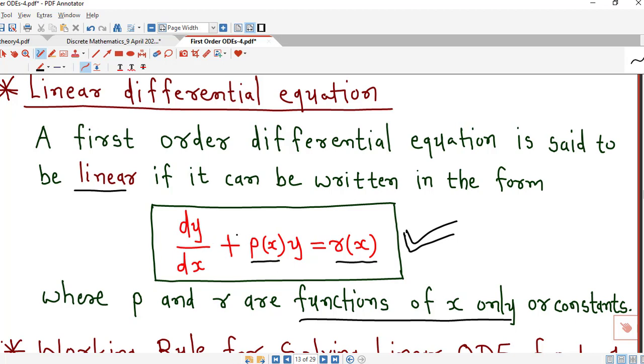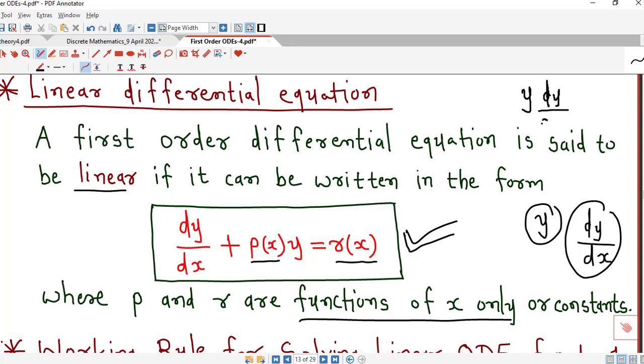The characteristic of this differential equation is that the powers of y and its derivative are 1. Y and its derivative are both in the first degree only and they are not multiplied. That means we do not have terms like y into its derivative, and P(x) and R(x) are functions of x only.